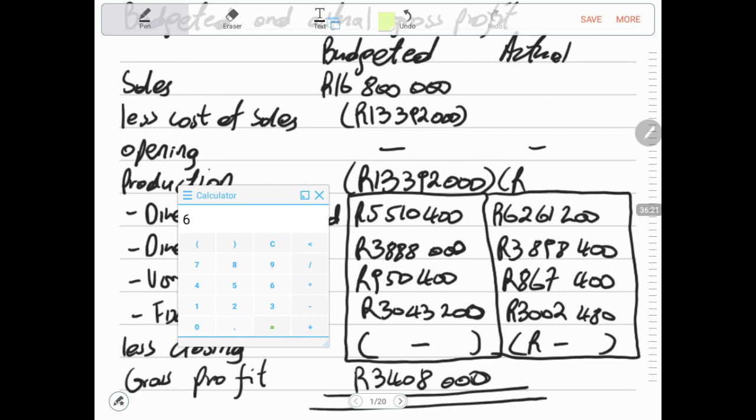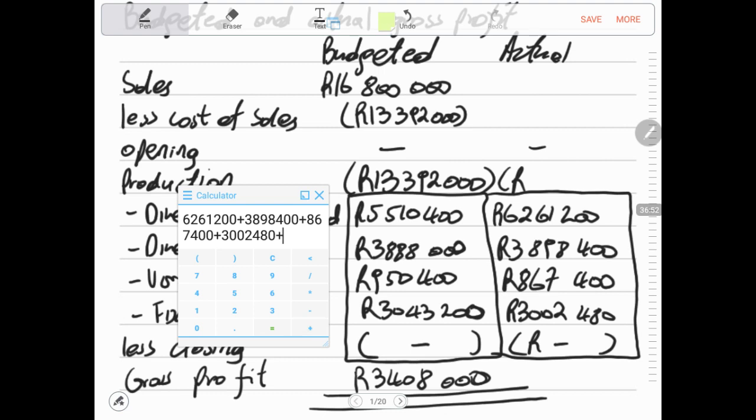We have 6,261,200 plus 3,898,400 plus 867,400 plus 3,002,480.